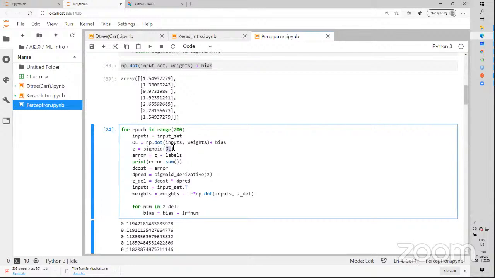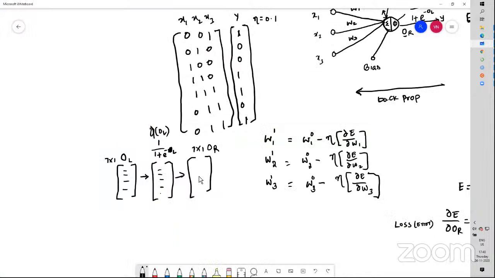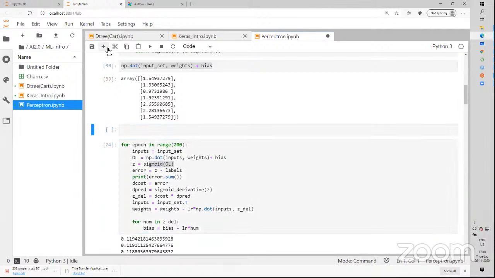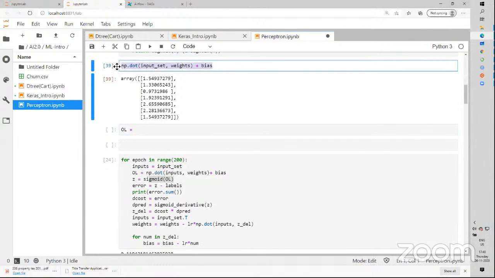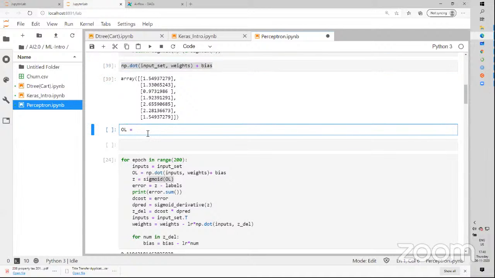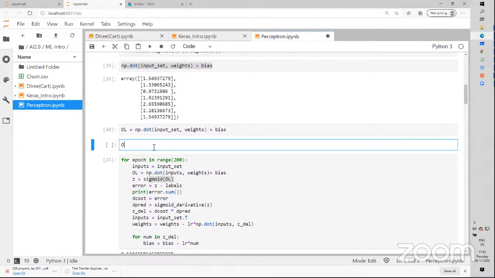Okay. Now what does it return? It returns this one, which is another 7 by 1 matrix. Let's see that one also. OL output is this one. So we have generated OL. OR, the output on the right hand side, is sigmoid of OL.